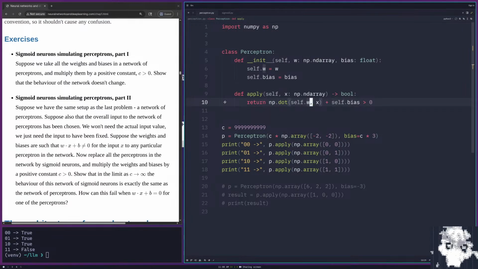If each w is multiplied by c, you can think of that as this whole vector multiplied by c, which means you can pull it out of the dot product. So this is just going to be c times the dot product plus c times the bias.